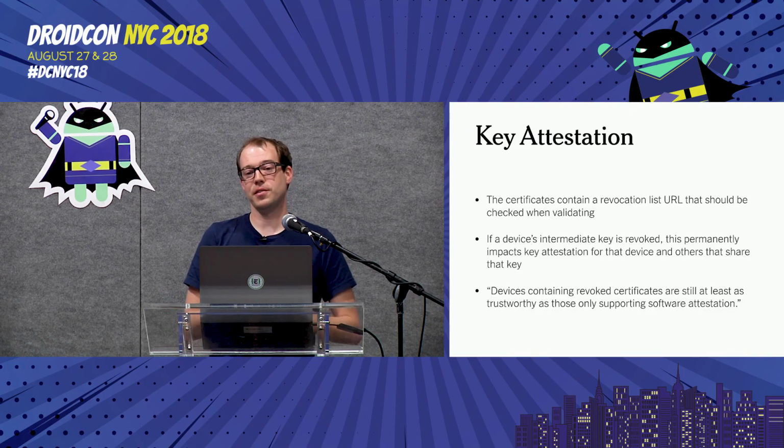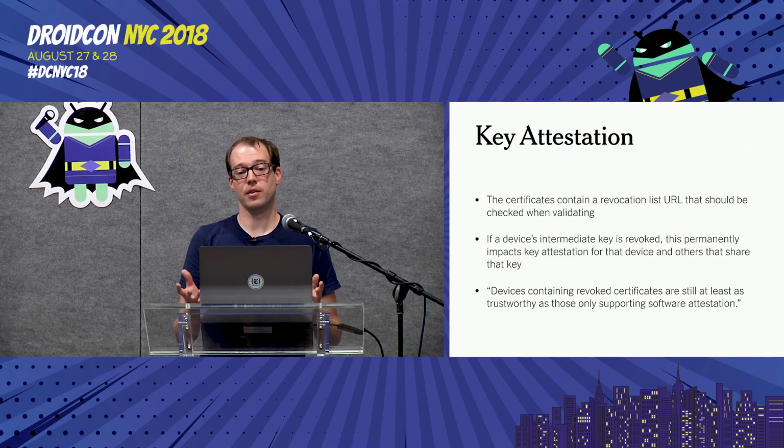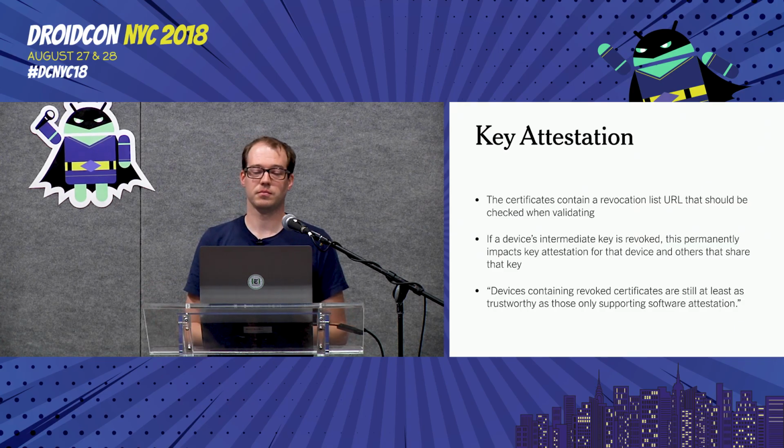So at that point, once the device's key and its certificate have been revoked, it is still trustworthy as something that does software authentication, but you don't get the sort of assurance you get from the full hardware chain of trust.